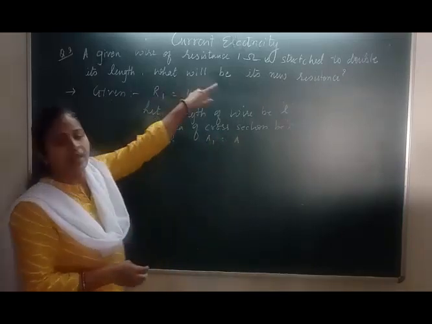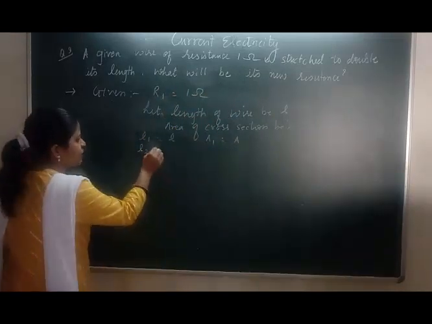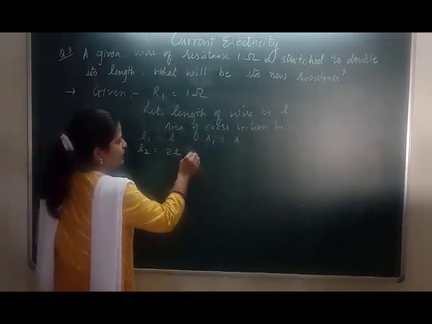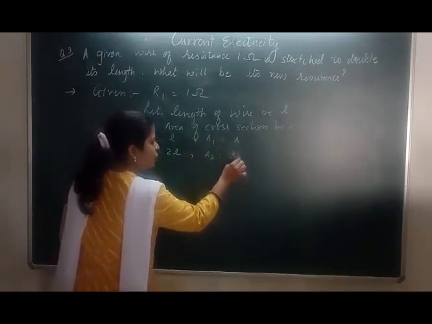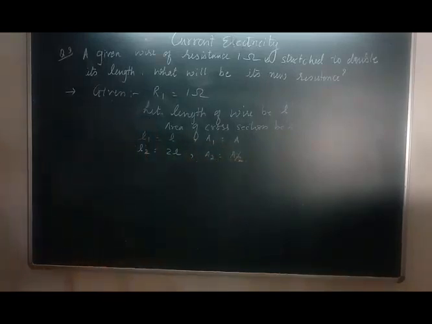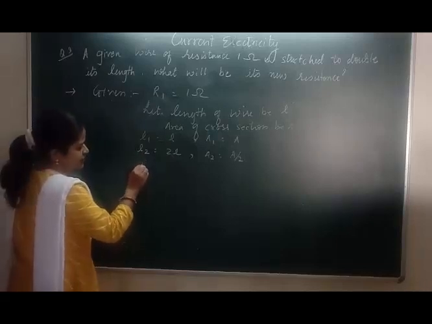It is been double. Length of the wire is double, so we'll get it 2L, and here A2 will become half, A by 2. According to the formula, that is the resistivity is same.